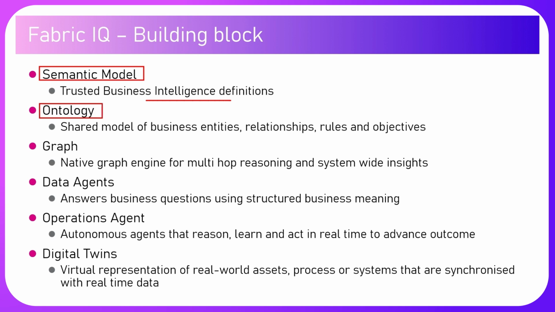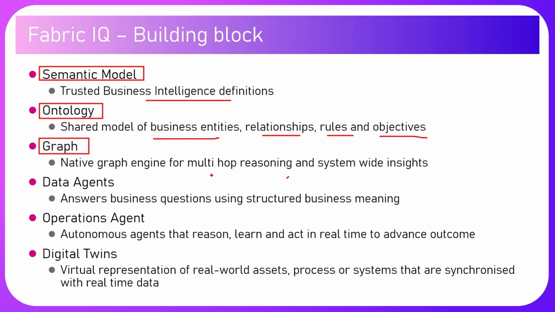Ontology is a shared model of business entities. Ontology involves the entities, relationships, rules, constraints, conditions, and objectives. Multiple entities are linked with some sort of relationship. The graph is a native graph engine for multi-hop reasoning and system-wide insights.